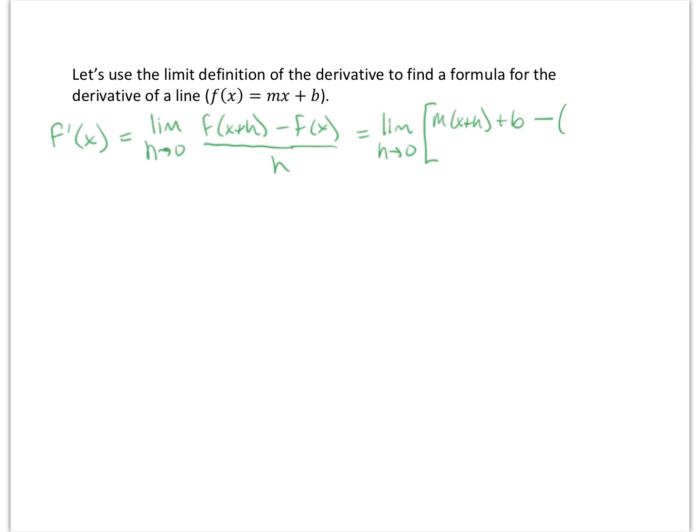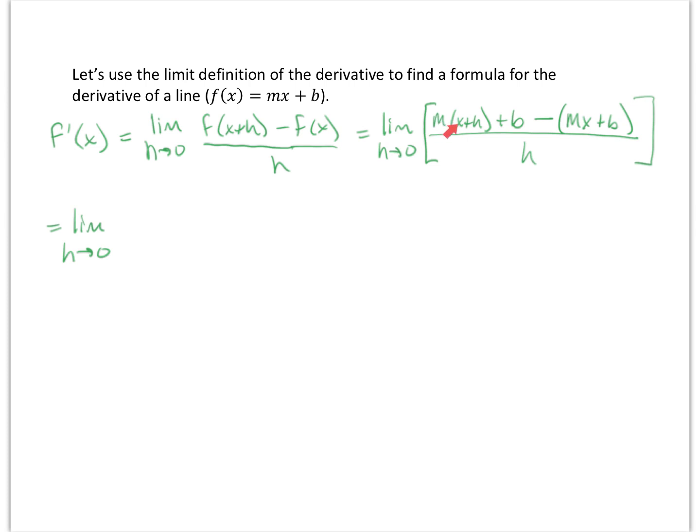So I'm going to use parentheses here because it's subtraction, and then all over h. It is important at every step to write your limit as h goes to 0, even though that can get tedious. It's important to make your equal sign true. So we're going to write the limit at every step.